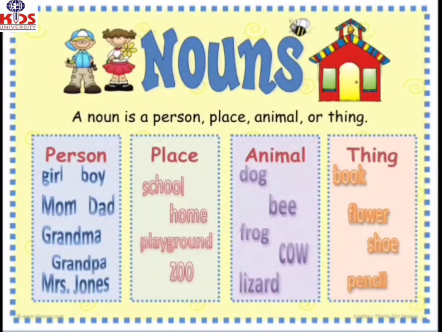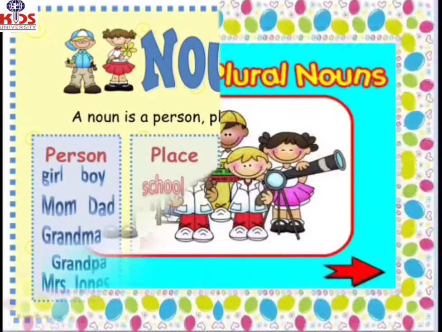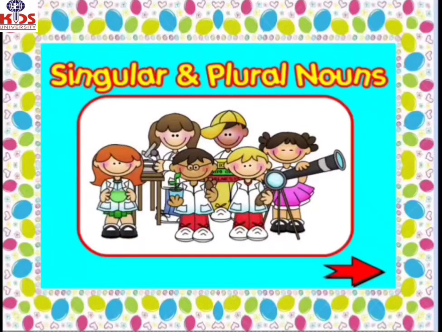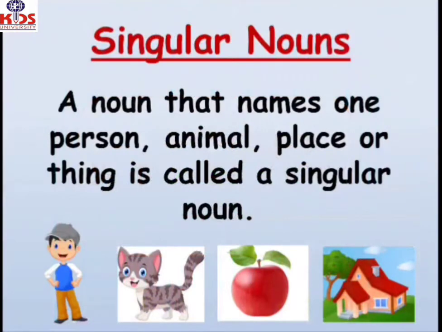A noun can refer to one or more than one person, animal, place, or thing. Now we are going to discuss singular and plural nouns. Singular noun.